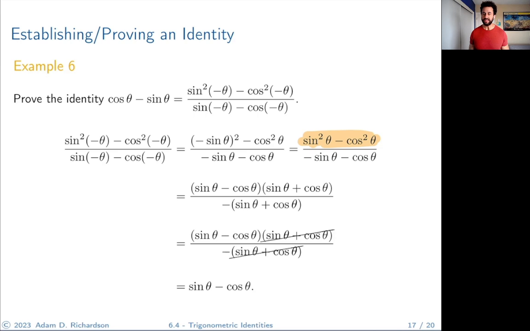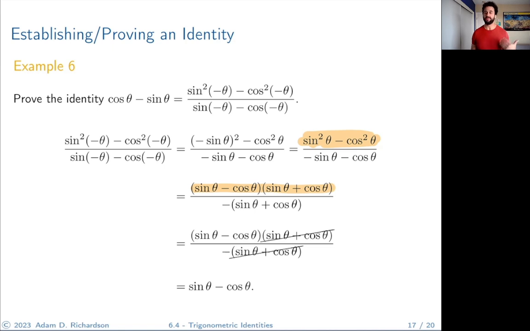Sine squared theta minus cosine squared theta. Now, that's not an identity, even though it might look close to one. However, it is a difference of squares. It's sine squared minus cosine squared, and we can factor that as sine minus cosine times sine plus cosine, which is exactly what we get right here.